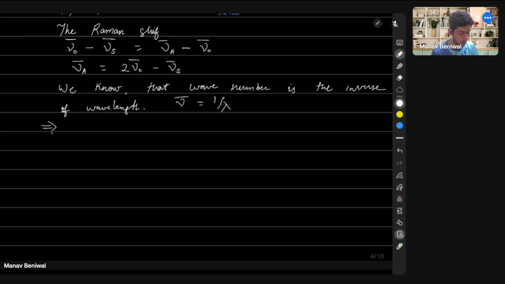Therefore, we can write 1 over lambda anti-Stokes is 2 over the original lambda of the laser minus 1 over the wavelength of the Stokes line. So this becomes 2 times lambda s minus lambda naught over lambda s lambda naught.